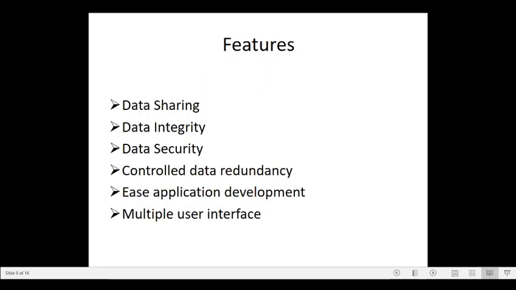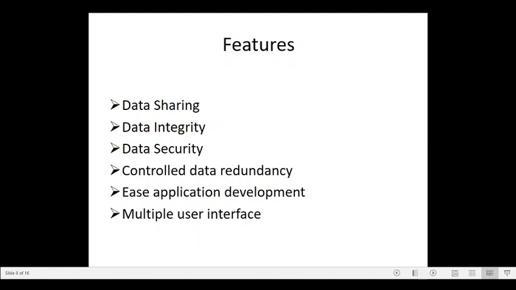Now let us understand some of the features of database management system. Database system facilitates sharing of stored database among multiple users and application programs. And further, new applications can be developed by using the same stored data.